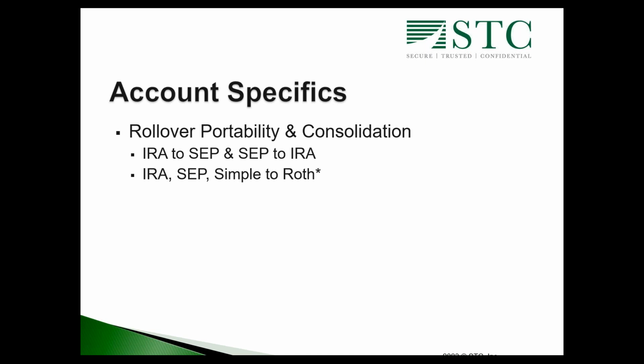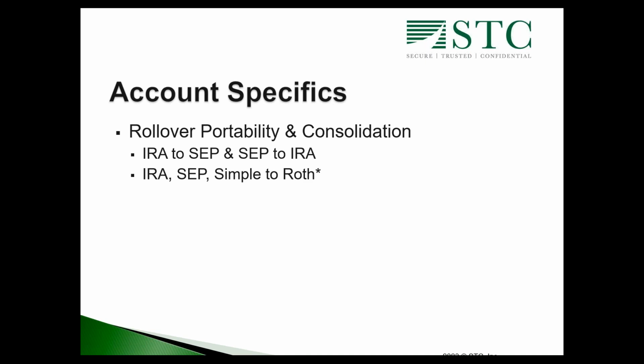Now, you can also put IRA money, SEP money, and SIMPLE money into a Roth. But you notice I have a little asterisk there. The reason is that a Roth account is post-tax, and you didn't pay taxes on any contributions into your IRA or your SEP or your SIMPLE.